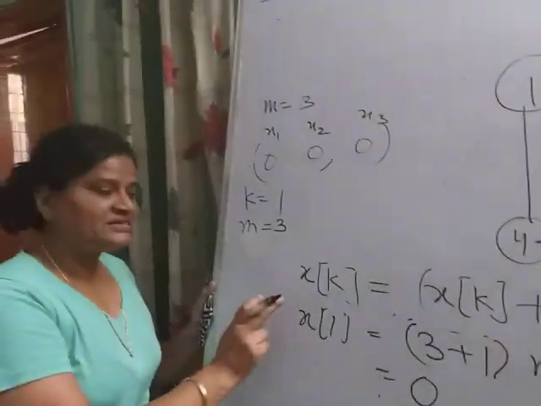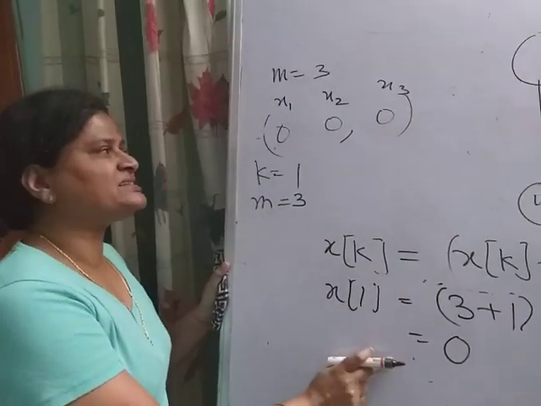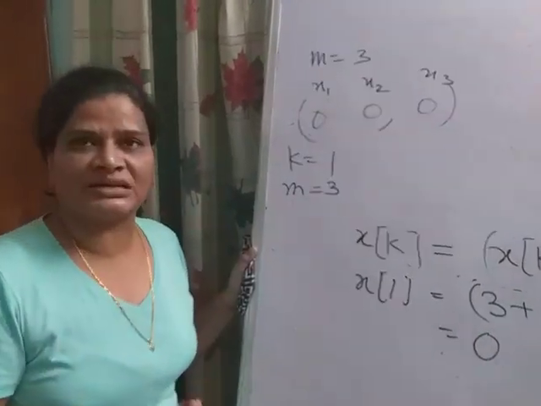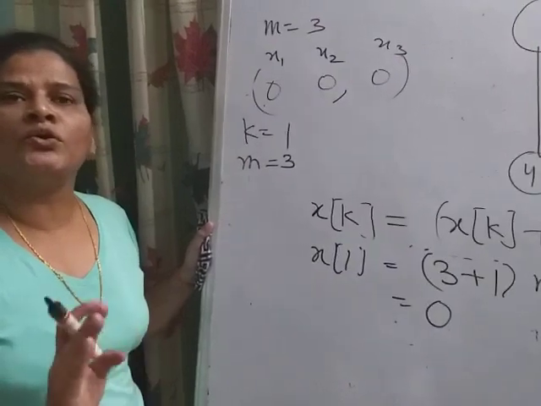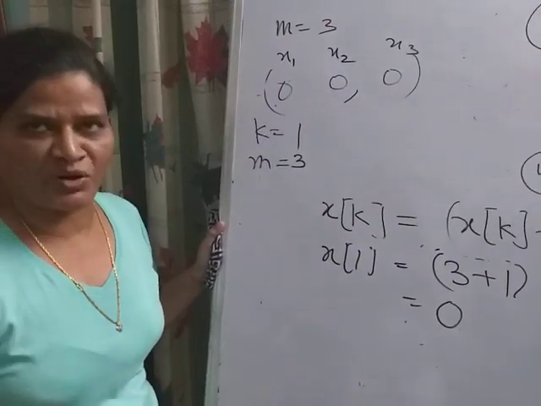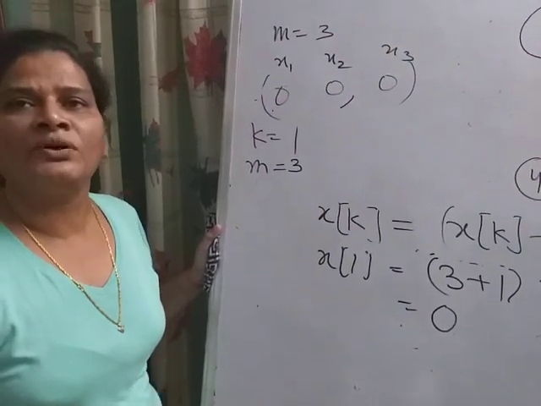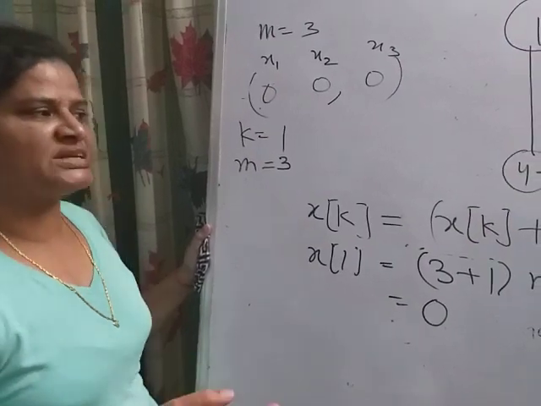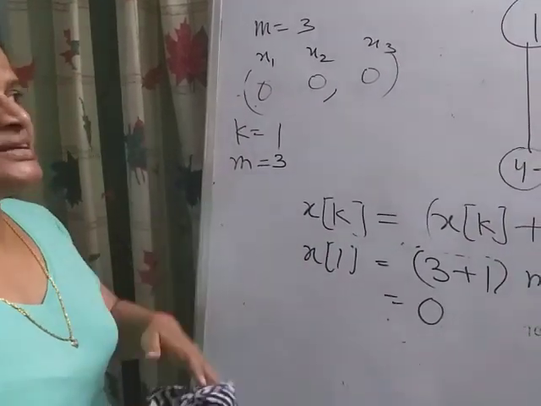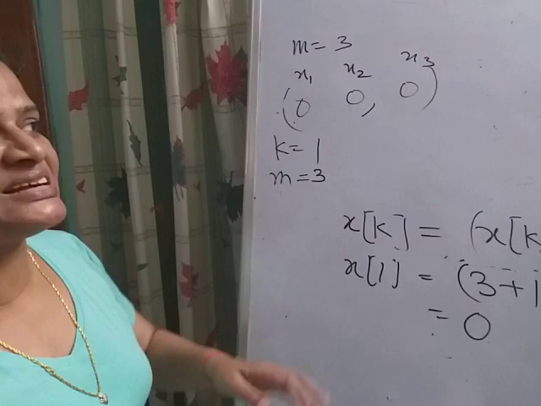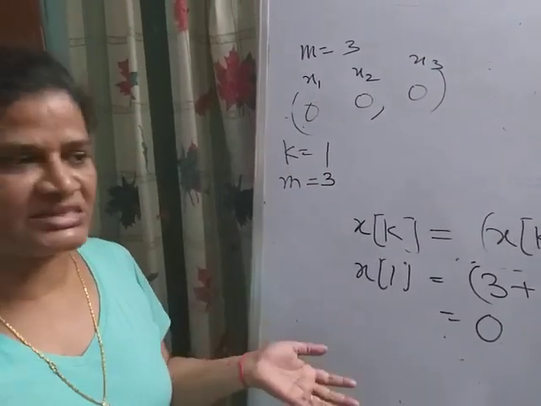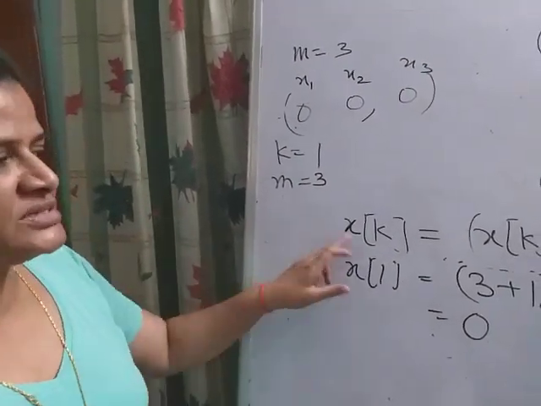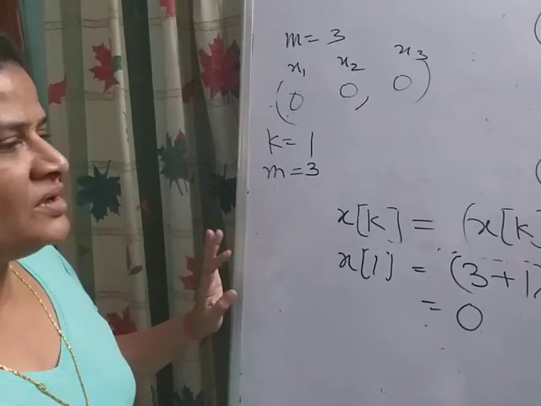When this expression generates 0 for any vertex, it means no new color is possible. So we have to backtrack, or select another vertex, or change the color of the previous vertices that I have taken. This is the one formula you have to know.